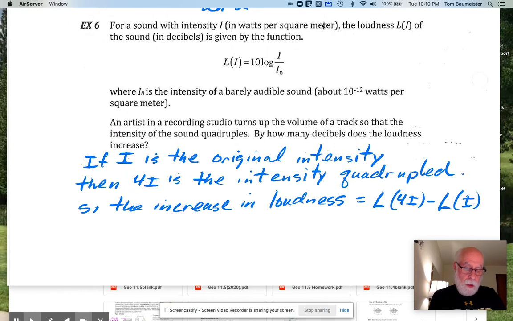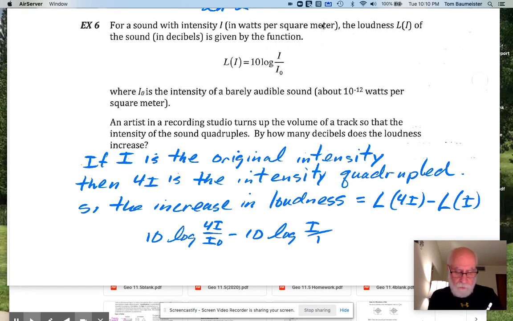All right, so we're going to take and say we have 10 log of 4I over I sub 0 minus 10 log of I over I sub 0.